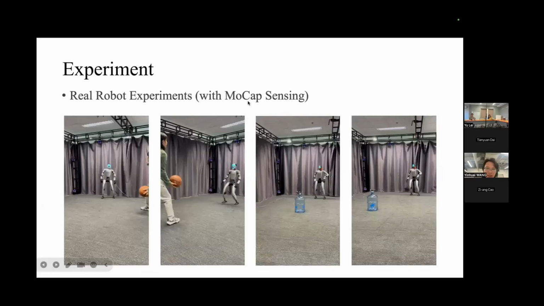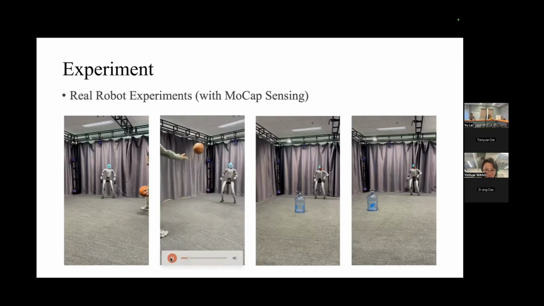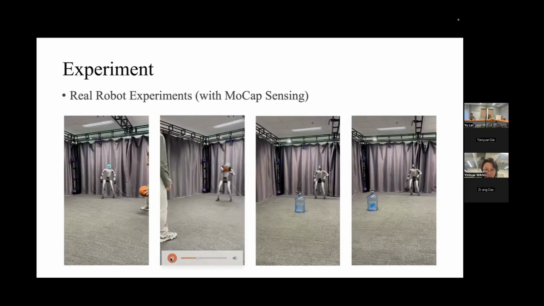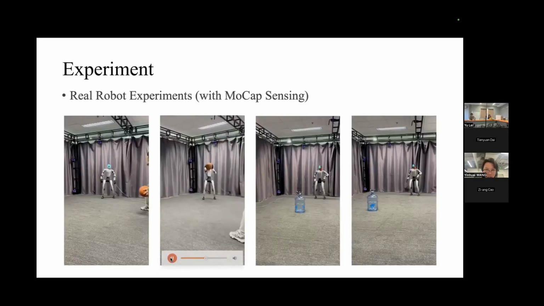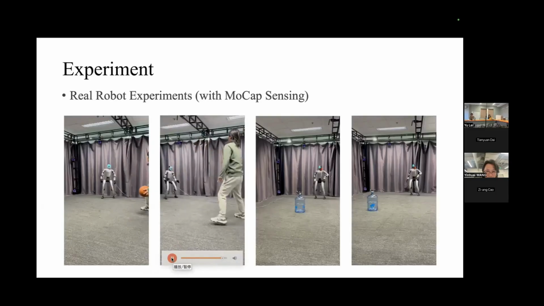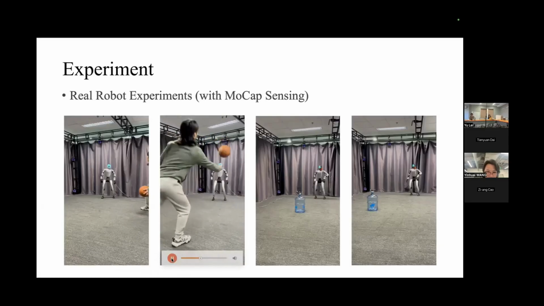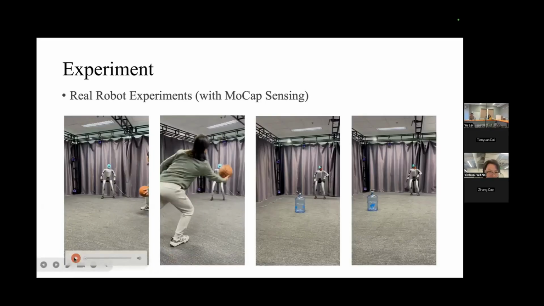So if we want to have continuous interaction with the object, we need to involve a mocap system to sense the object status in real time. For example, we can throw the ball continuously to the robot, and it can throw it back to the human. And we can also observe some interesting phenomena.